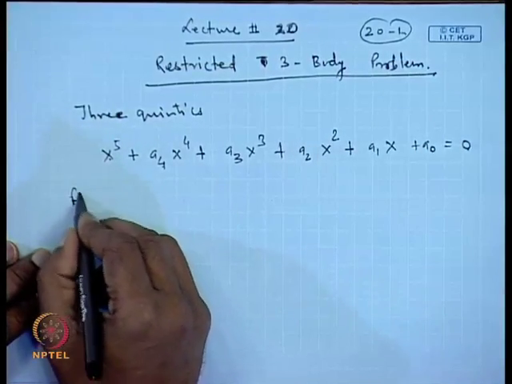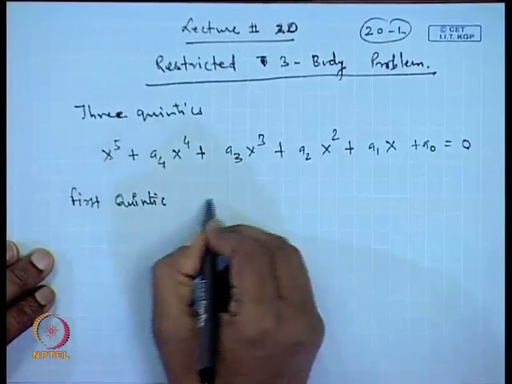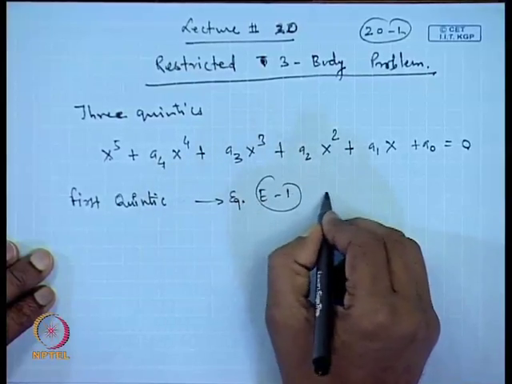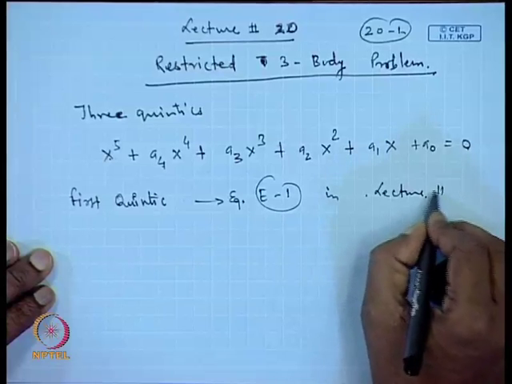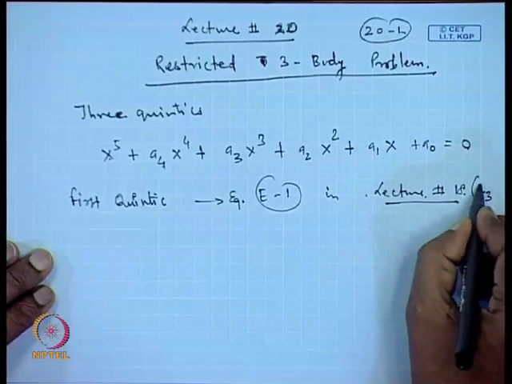So, the first quintic was described by equation number E 1 in lecture number 18, and this described basically the point L 3.